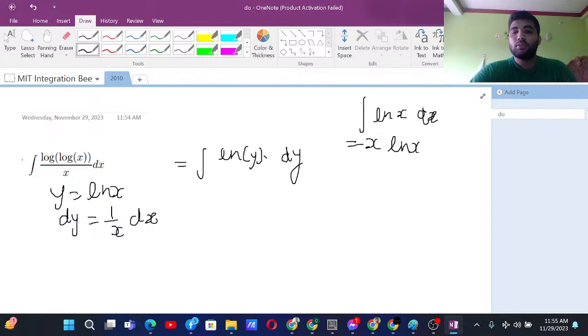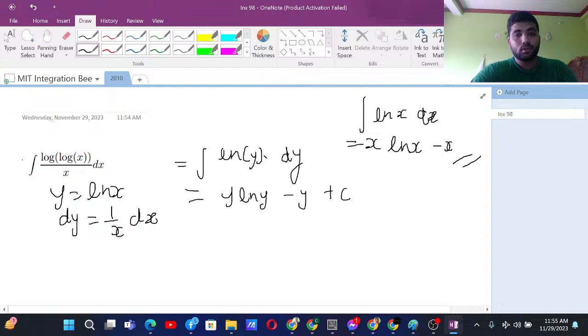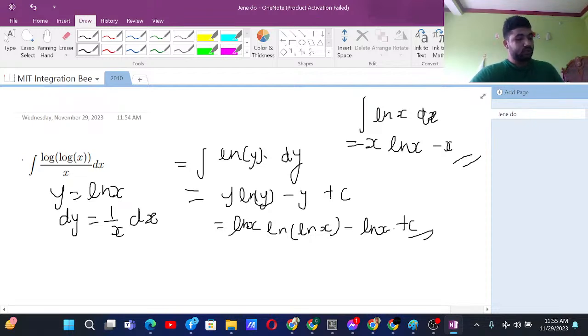We can also do it by integration by parts to get this result. So we have y ln y minus y plus c. And now y is just ln x, so we will have ln x · ln(ln x) minus ln x plus c. So that's the answer. Now let's go to the next integral.